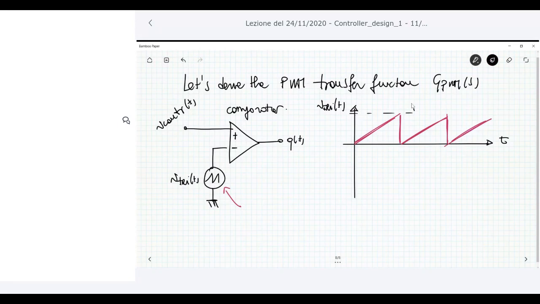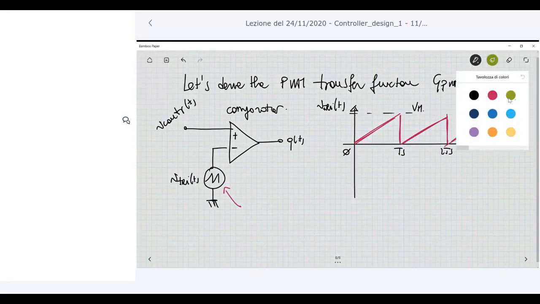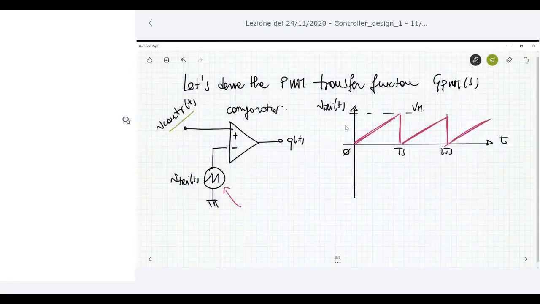Has a peak value which is, I don't know, Vm, okay? The frequency of this triangular voltage is exactly Ts, so the switching period I need for my converter, okay? The control voltage is something that, for example, exiting from the compensator can have this value here.